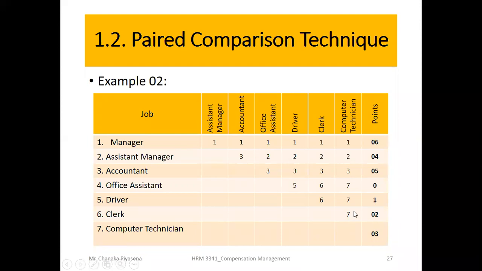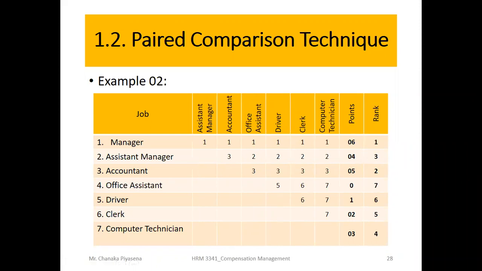Based on the points, we can give a rank for each and every job. The highest points are earned by the job of manager. Therefore, we can put rank number 1.